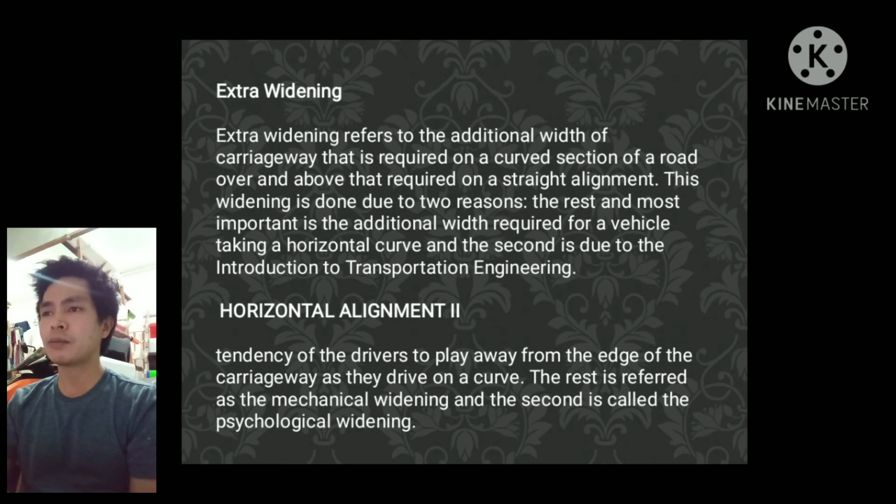The first and most important is the additional width required for a vehicle taking a horizontal curve, and the second is due to the tendency of the driver to fly away from the edge of the carriageway as they drive on a curve. The first is referred to as the mechanical widening, and the second is called the psychological widening.